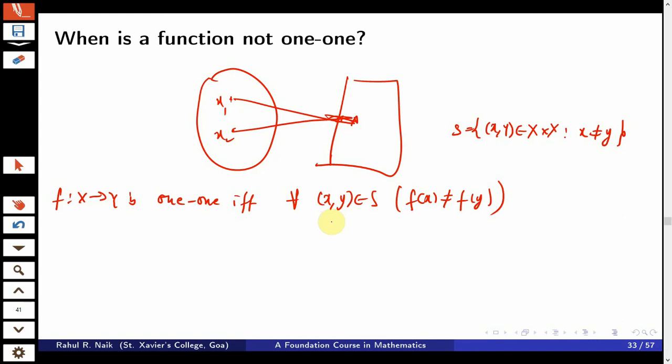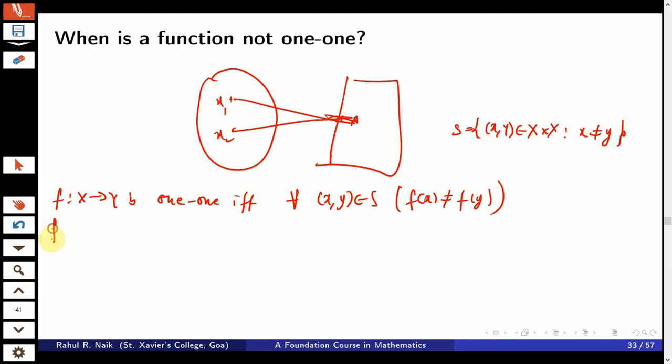I can change the notation, instead of x and y I can take x1 and x2 as I have taken here. So if I can find at least one pair in this S having x not equal to y, but their images f of x and f of y are the same, then the function is not 1-1.